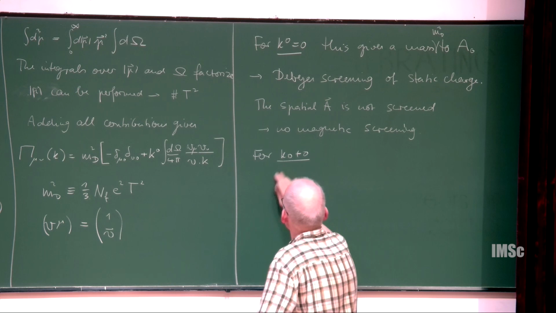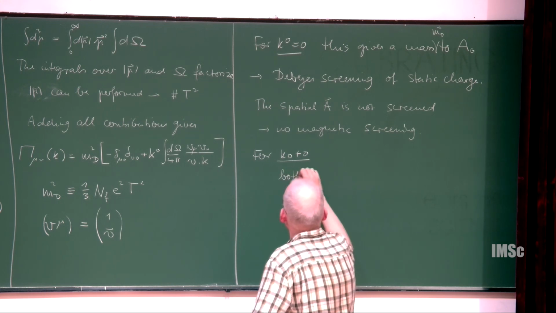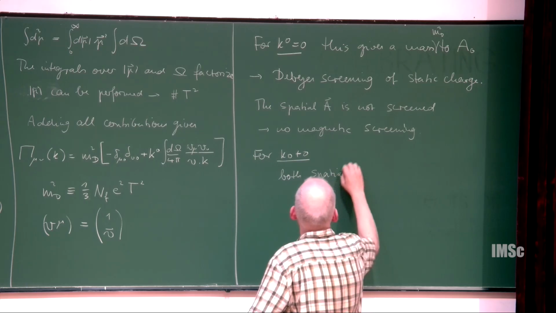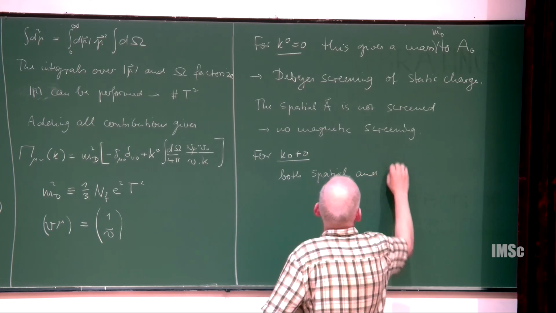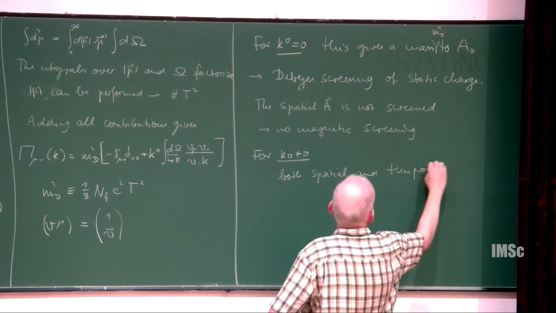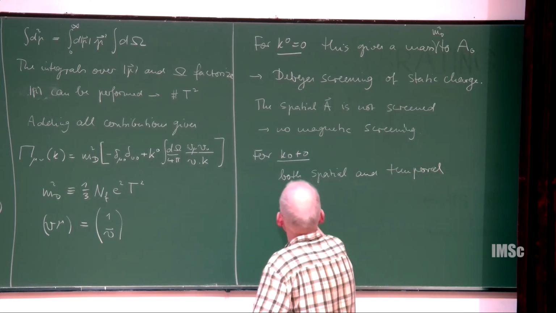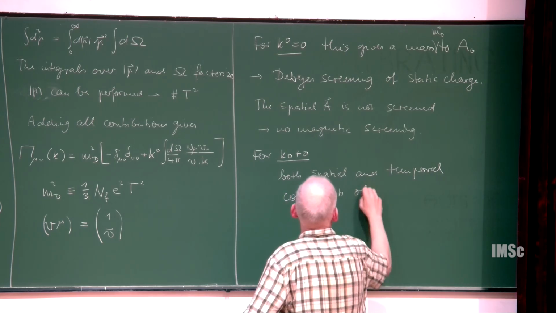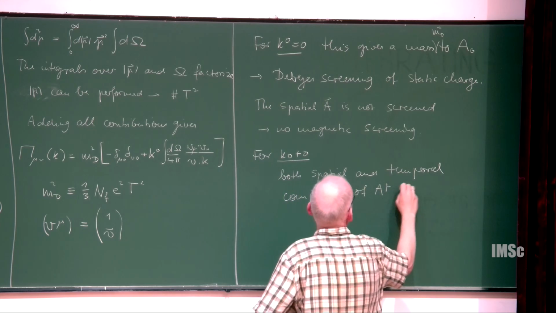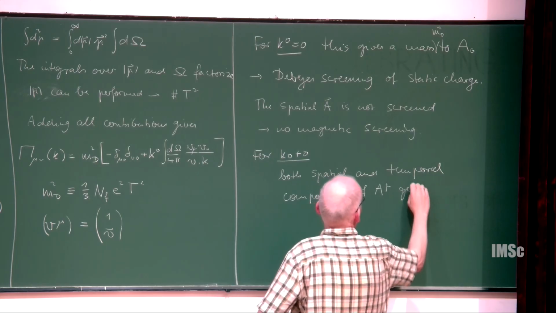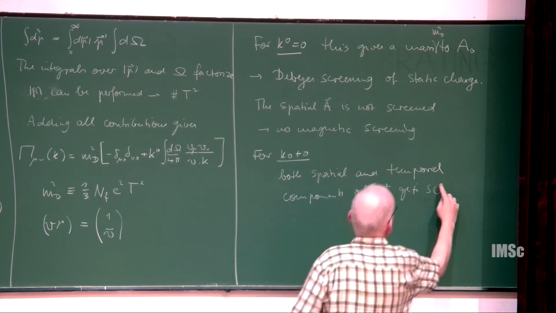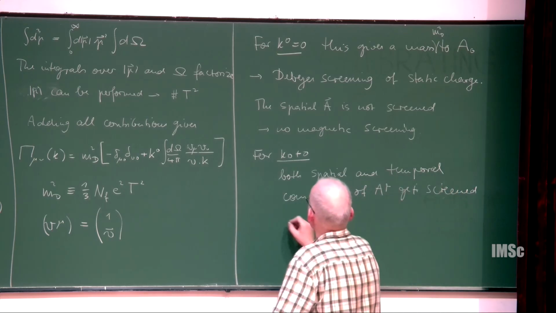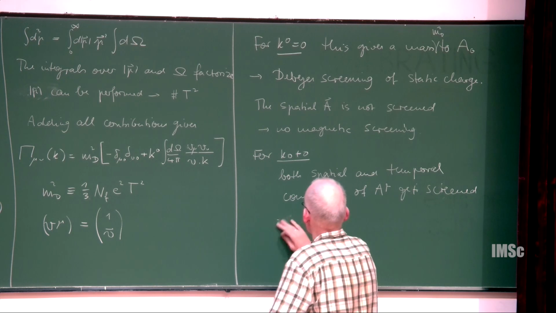So both spatial and temporal components of A get screened, which is what people refer to as dynamical screening.